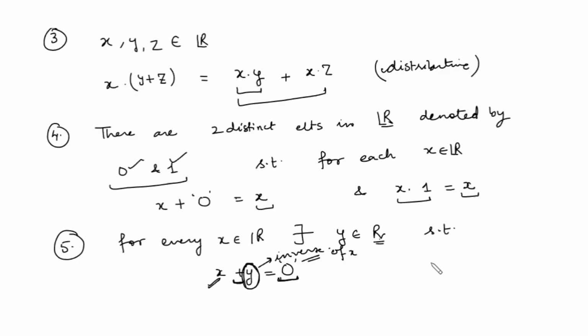Similarly, here we know that whenever your x is any real number, then minus of x is also a real number. So this minus of x, negative of this x, is a real number, and this will become the additive inverse of the real number x, such that their addition is the identity which is 0 in case of real number.